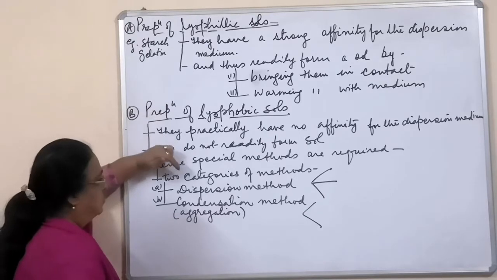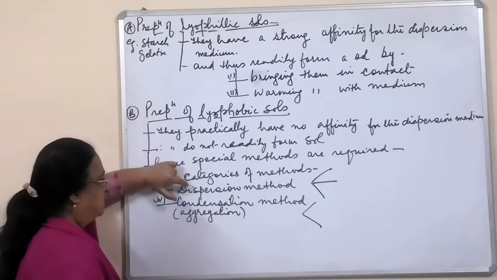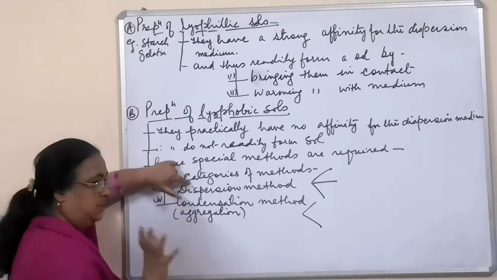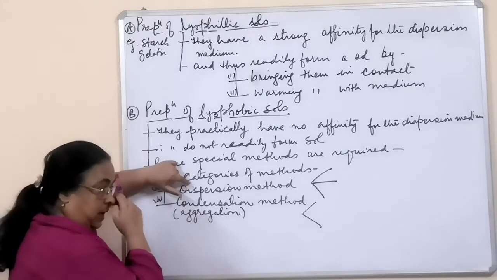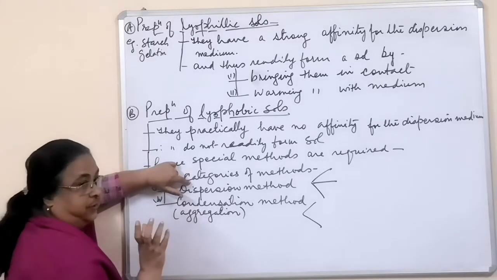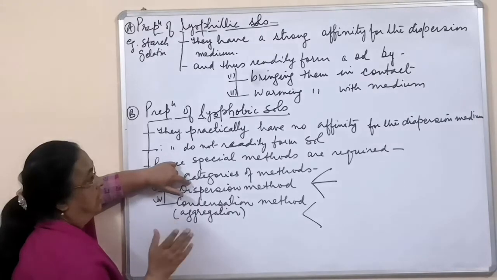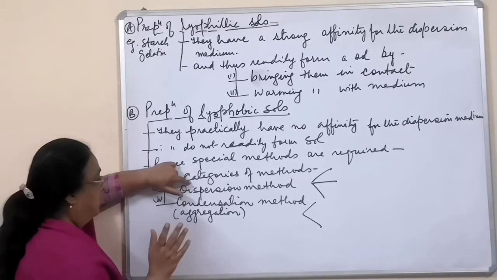So two categories of method are there. One is the dispersion method. Dispersion method means bigger particles. You know that colloidal solutions have a particle range between 1 nanometer to 1000 nanometer.